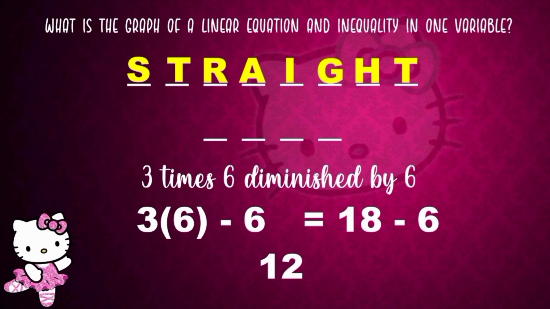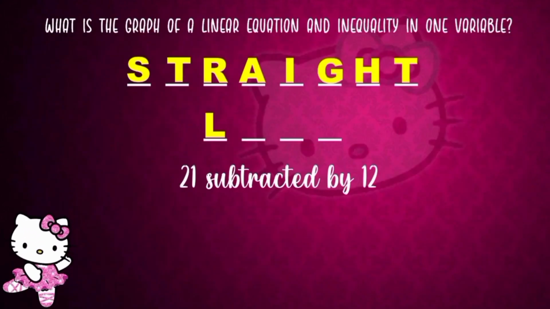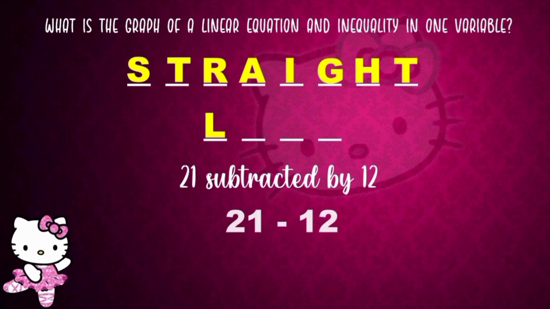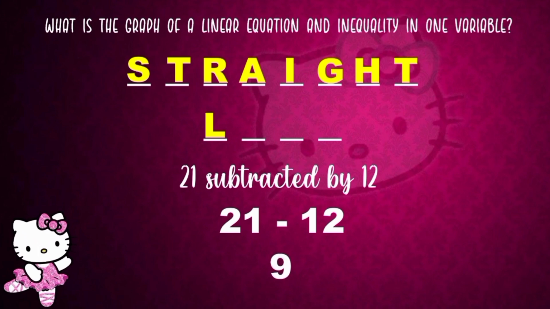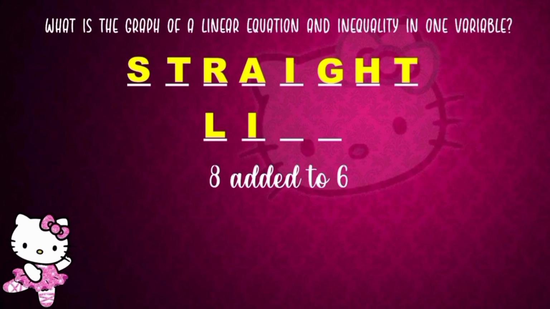And the 12th letter in the alphabet is letter L. Let's proceed to the next one. 21 subtracted by 12. 21 minus 12 is equal to 9. And the 9th letter in the alphabet is letter I. The next expression is 8 added to 6.